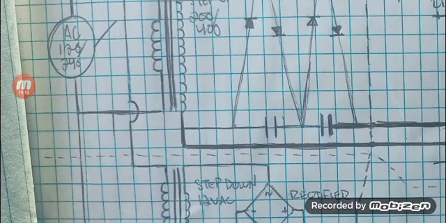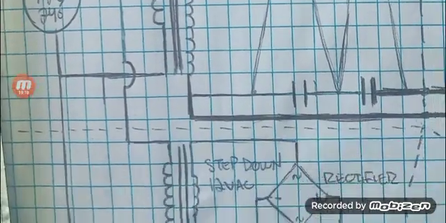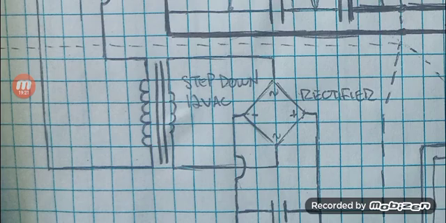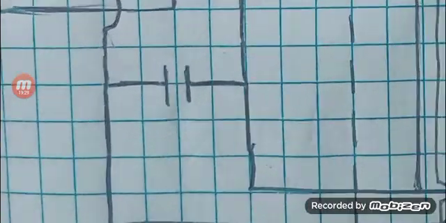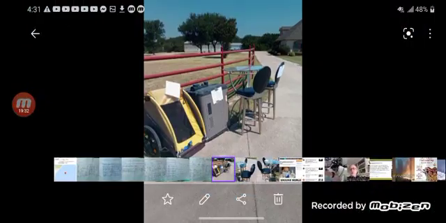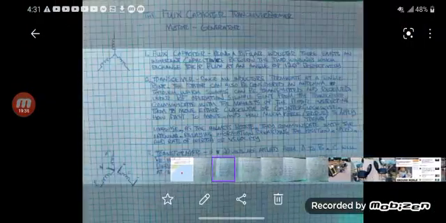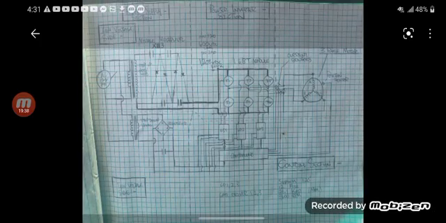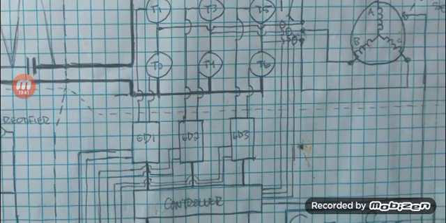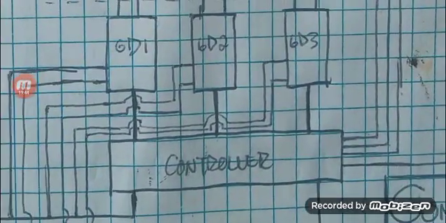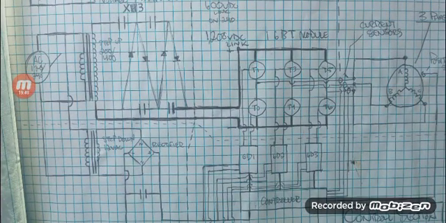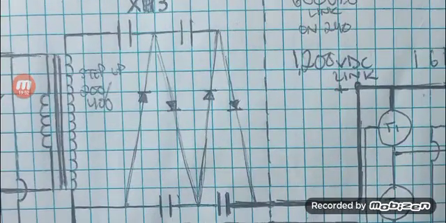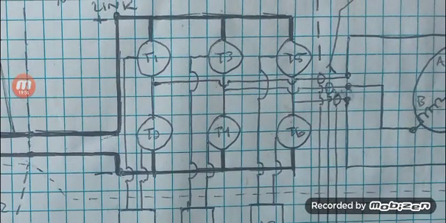And off your main 120 volt power supply, you can also come off to another step down transformer, which will step you down to 12 volts AC, and then you can rectify that into DC with a little smoothing capacitor in there, and feed that to run your low voltage side. So you can run everything off of one source, step your voltage down to run your electronics, step your voltage up to run your inverter assembly.